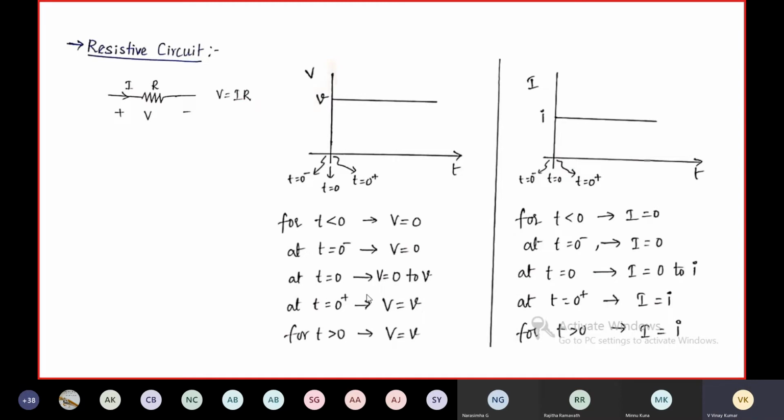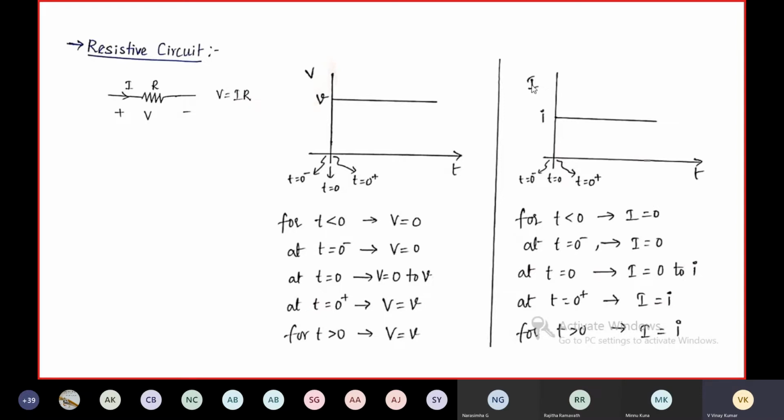At t is equal to 0, V is jumping from 0 to V. One cannot say 0 volts or V volts; it is jumping from 0 to V. At t is equal to 0 plus, V is equal to V, just after the change of voltage. For t greater than 0, this portion, V is V. We already discussed this in the previous lecture.